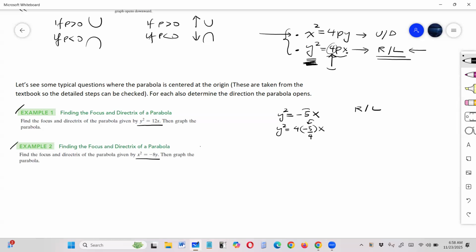That's what it is. So now my p is less than 0. So because p is less than 0, this parabola opens left. And you see how easy it is. Doesn't matter what numbers we give you. This is always going to work. Parabola opens left.